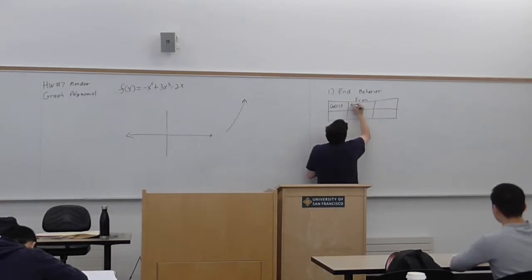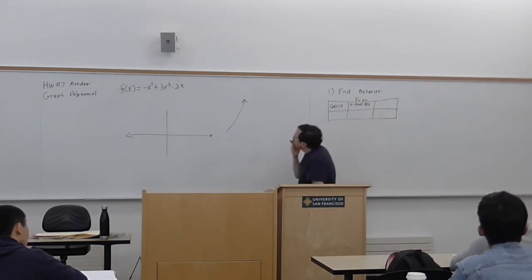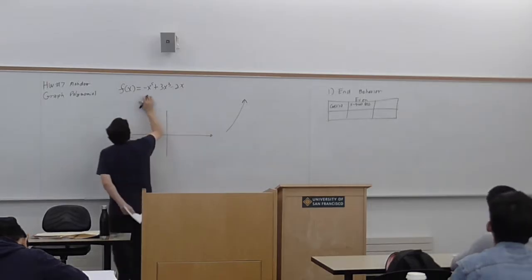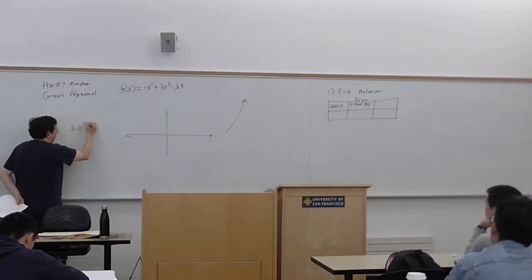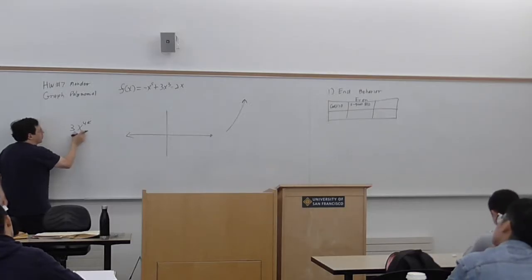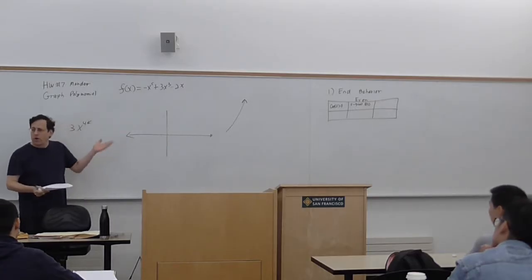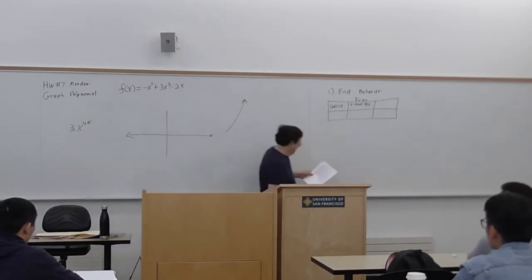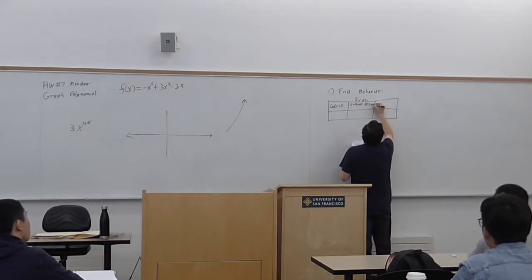So as x gets very large, what happens to the function? So in my example, I have, say, positive coefficient and an even exponent, and I put a very large number in here, what happens to this term? It gets very large, right? F of x is going to go to infinity.